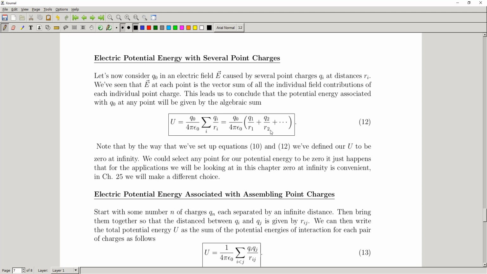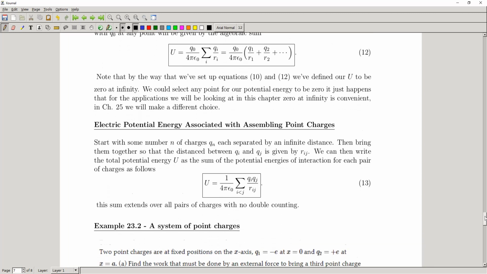So again, here in the notes, I bring up this point that we define our potential to be zero at infinity, and this is what we did in the previous problem where we were looking at it, right? As our positron was getting out to very, very far away, we were setting that potential energy to zero, and so we're going to do a similar sort of thing here.